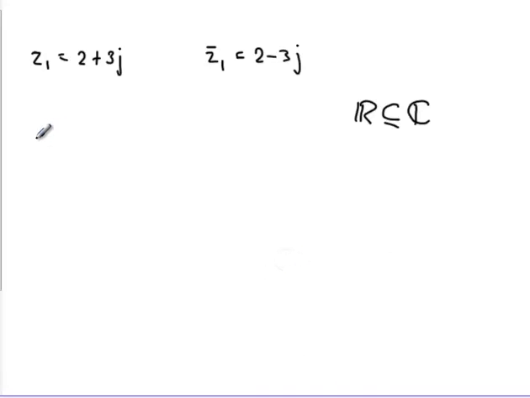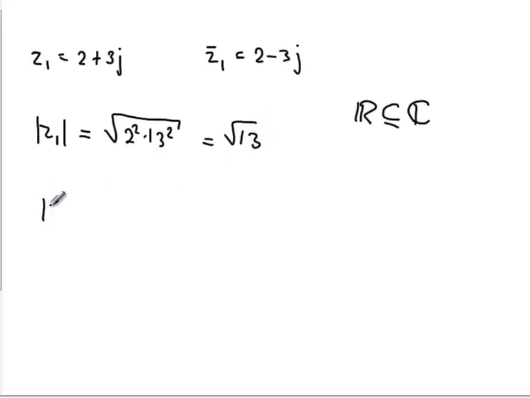Have you calculated it? Yes? What is it? The absolute value of z1 will normally be the square root of 2 squared plus 3 squared, isn't it? That's 4 plus 9, that's 13. So that's the square root of 13.